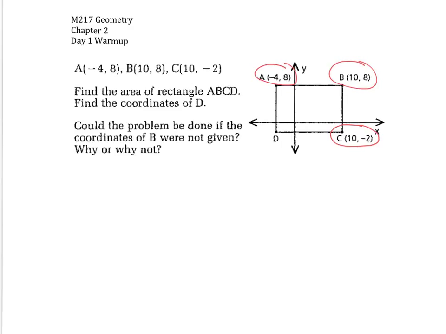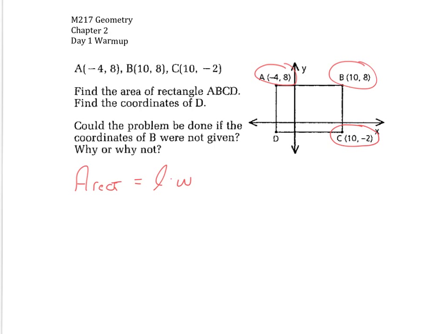So first, to get the area of a rectangle, you should know the formula for that. So the area of a rectangle is equal to what? You're correct, length times width. So we have to determine how long the sides are.